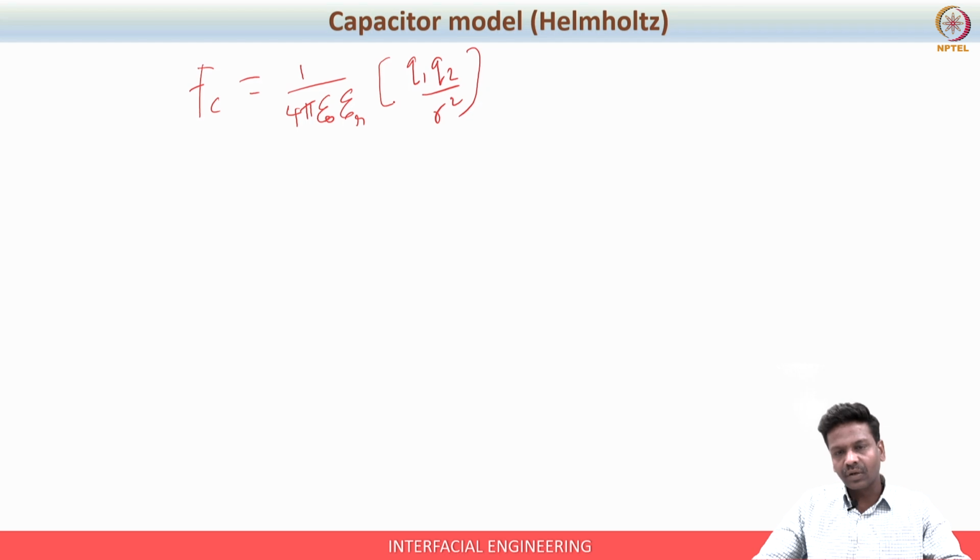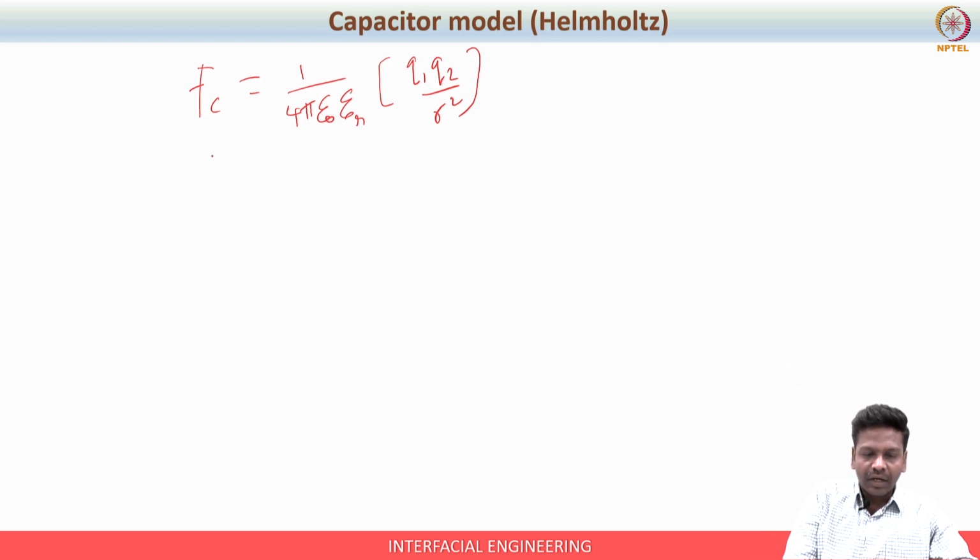This is what we know as the Coulombic force, right? But we are not just interested in the Coulombic force; we are interested in the potential variation in the vicinity of the interface. For that we explicitly want the potential variation.